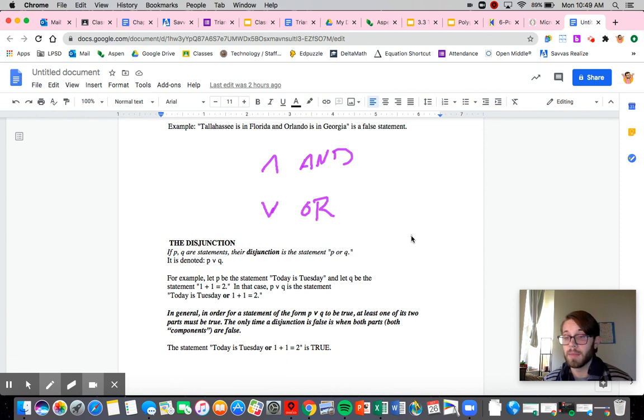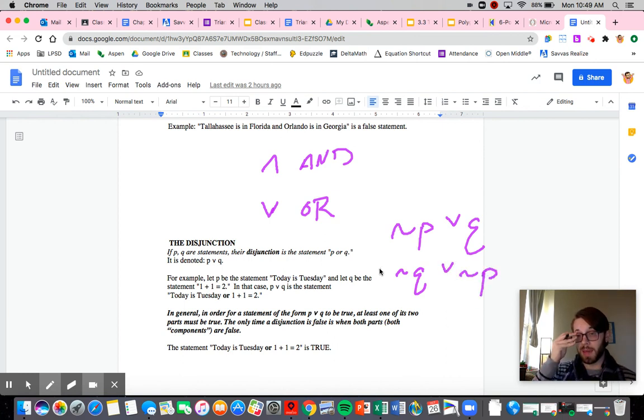And again, it doesn't matter in terms of order, like if I did P or Q or Q or P, the order is the same. And again, you can combine these with negations. So you could say not P or Q. You could do not Q or not P. The order doesn't matter, and you can include the negations as long as these are just specifically statements.